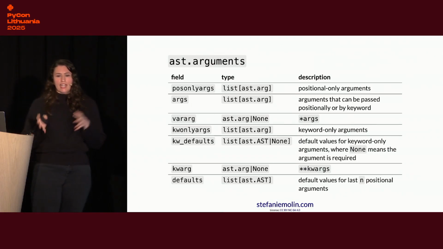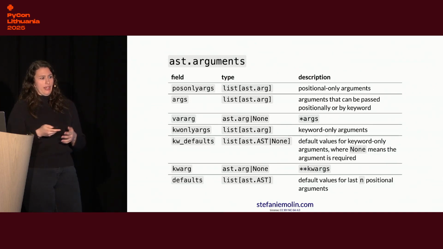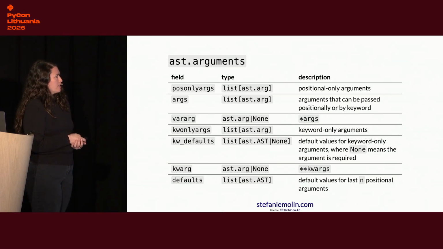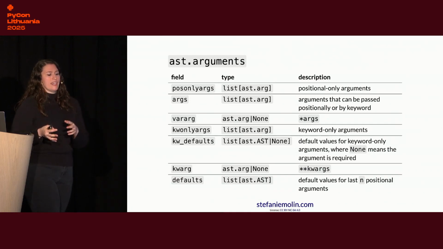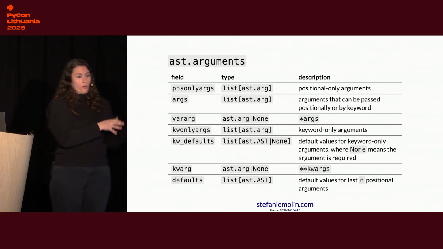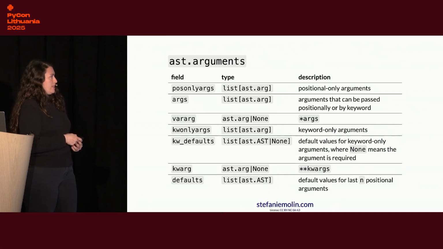So arguments that have to be passed by their position when you call them, and they cannot be passed by name. So this is going to be a list of AST arg nodes. Then we have our args field, and this is now arguments that can be passed by position or by keyword. So they're flexible. And we have the same type.